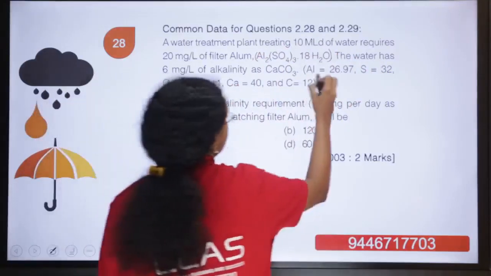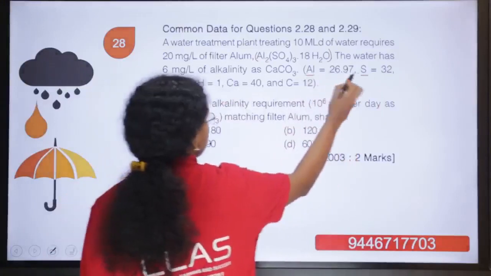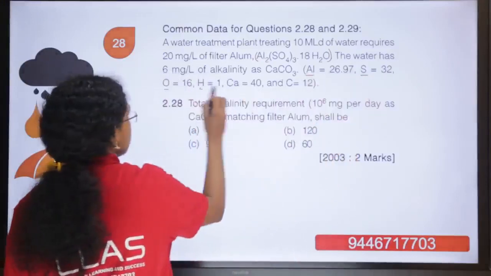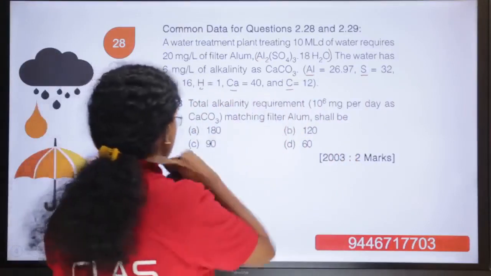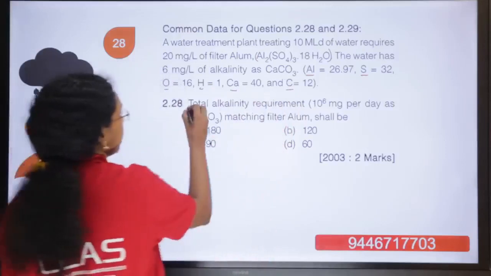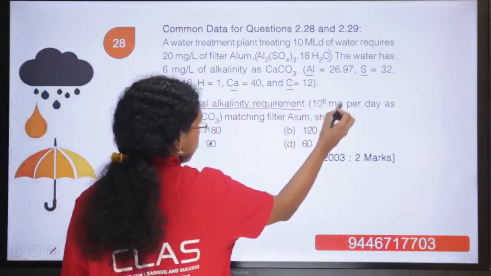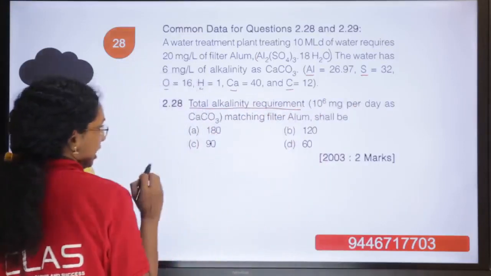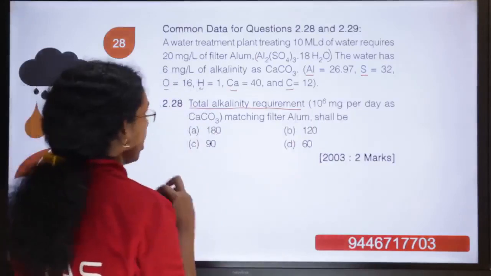The atomic weights are: aluminium 26.97, sulfur 32, oxygen 16, hydrogen 1, calcium 40, carbon 12. Now they are asking you to find the total alkalinity requirement in 10 raised to 6 milligram per day as CaCO3 matching the filter alum. So they are just asking you to find the total alkalinity that is required.